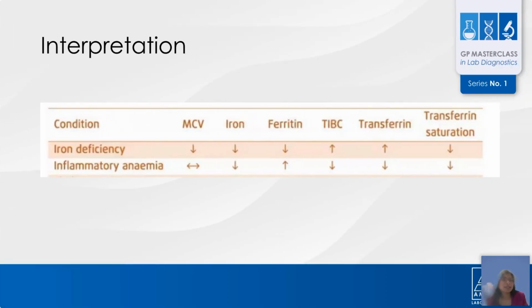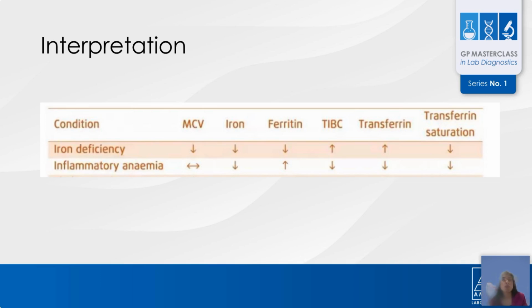So this slide is telling us about the difference in some of the parameters in iron deficiency and inflammatory anemia. And another name for inflammatory anemia is functional iron deficiency. And we can see that iron is low in both iron deficiency as well as in inflammatory anemia. But your ferritin is decreased in iron deficiency.